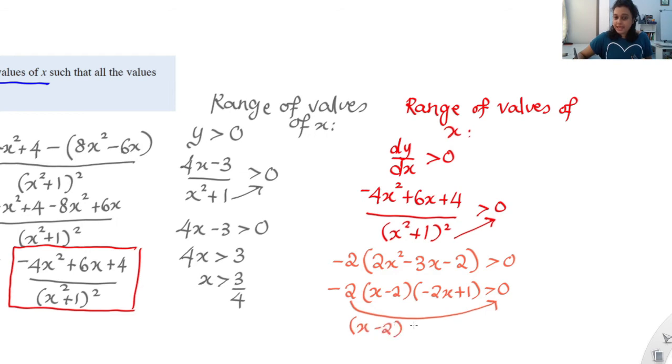When the right hand side, which is 0, is divided by negative 2, you will get 0, but what you must do is change the sign.